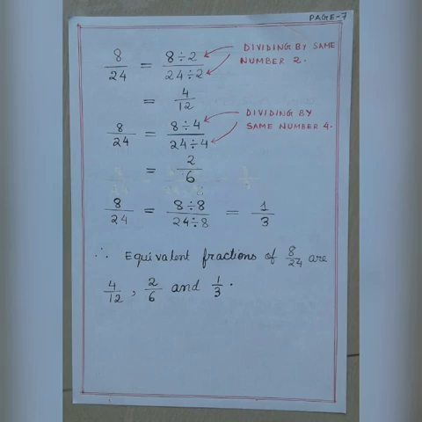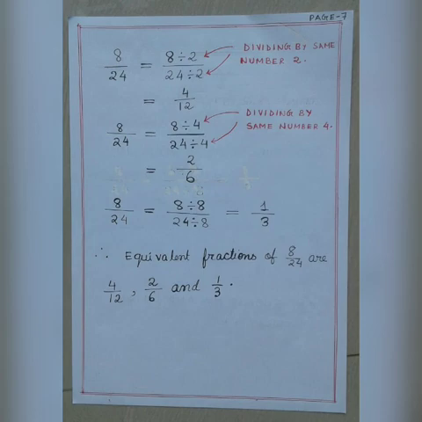Next equivalent fraction to find is we divide 8 by 24 by 4, both numerator and denominator. So we get 2 by 6.